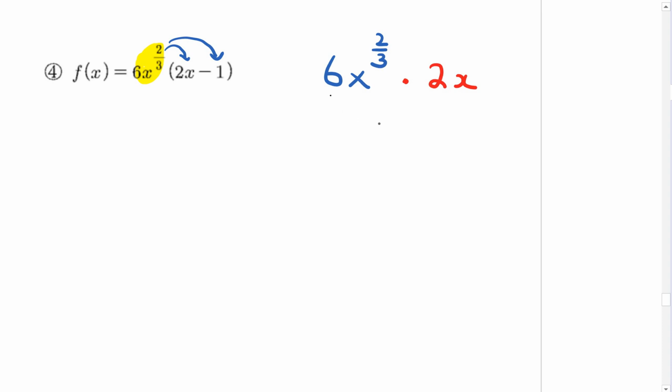Well, you multiply the numbers with the numbers, so 6 times 2 is going to be 12. So that's how you get your 12. And then you have to multiply x to the power 2/3 times a single x, right? Well, that single x really has an invisible 1 there, right? And that invisible 1 is the same thing as 3 over 3, right?